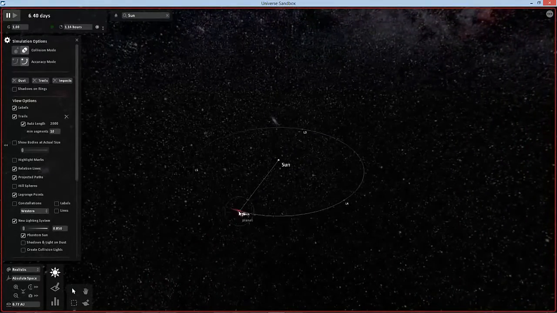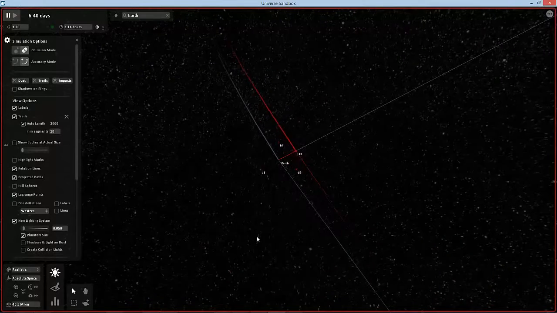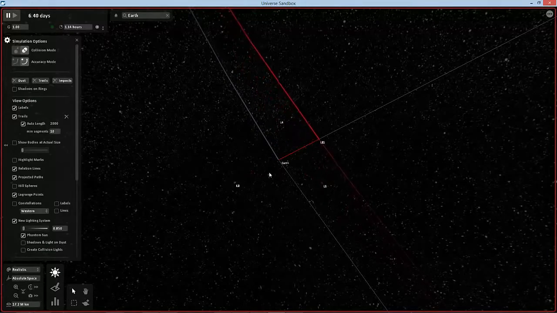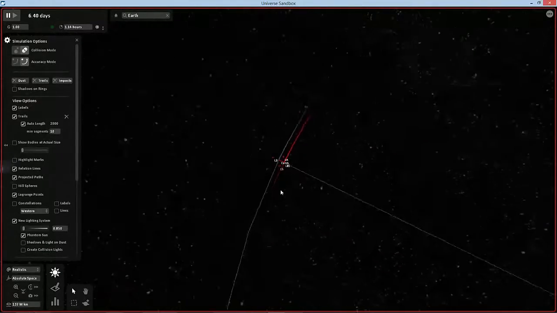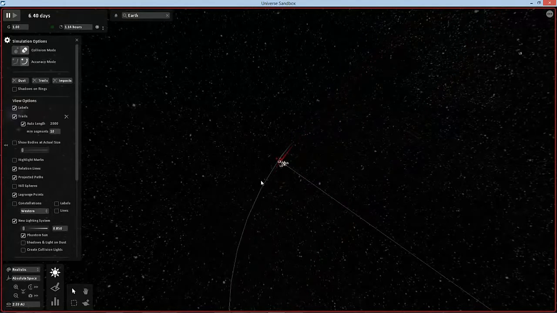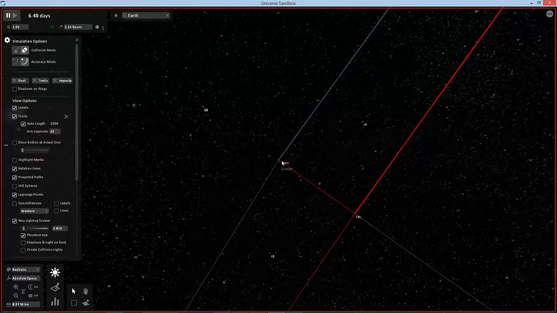Now let's focus this on Earth. You've got L2, and this is also important to note. This is not accurately represented, but if we wanted to, we can go out and put a satellite here, and this is what we're doing with the James Webb telescope.